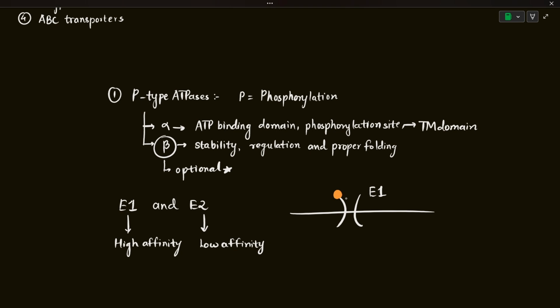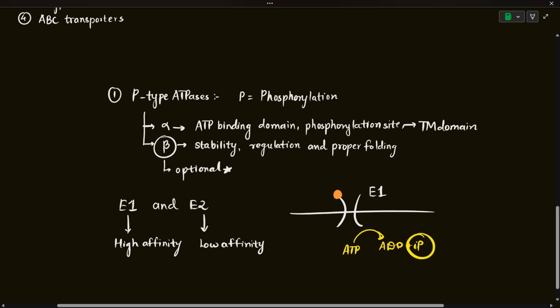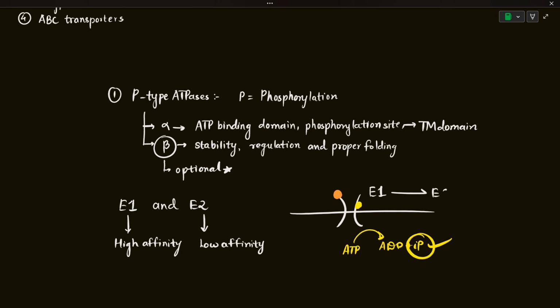And once they bind to the ATPase, since it is an ATPase, it is going to hydrolyze ATP, and due to hydrolysis of ATP, the phosphate is added on the pump, on the protein. The energy which is released brings about the conformational change from E1 to E2.